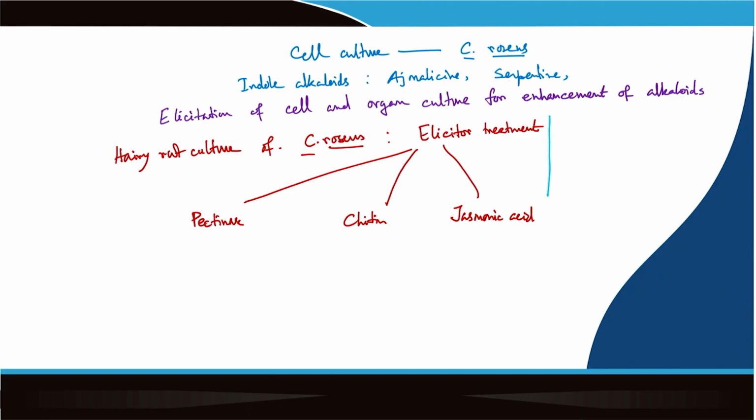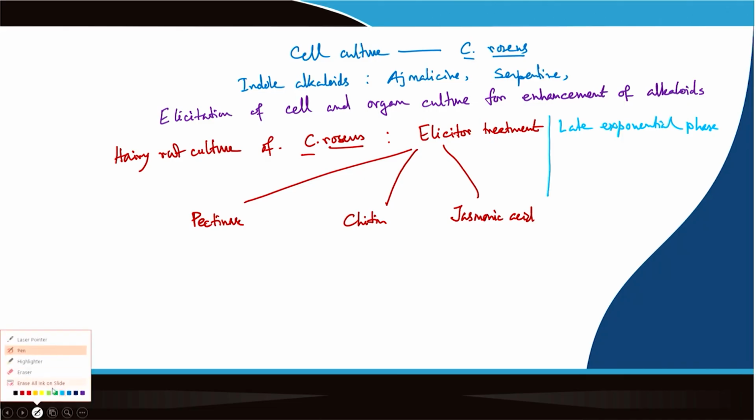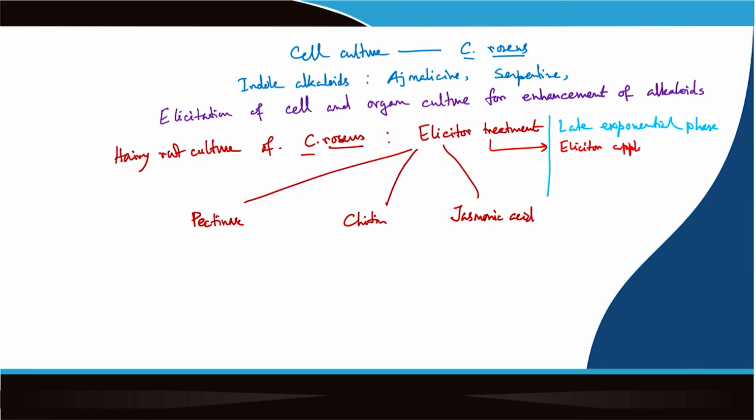Once you have the cell culture or organ cultures growing and it reaches the late exponential phase, at that stage elicitors can be applied, and the duration may be 48 hours, and then the cultures are to be harvested.